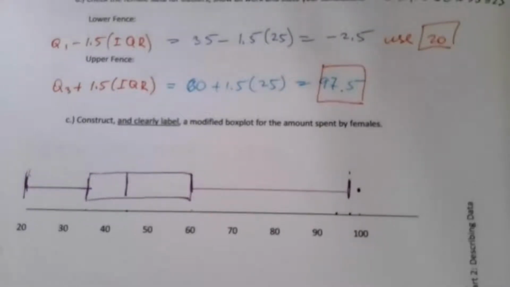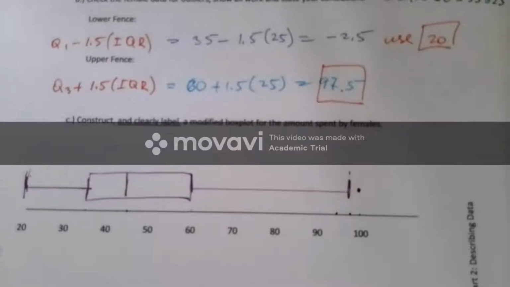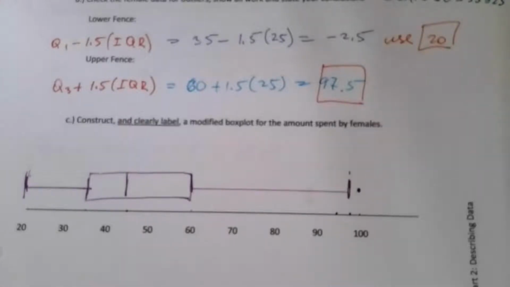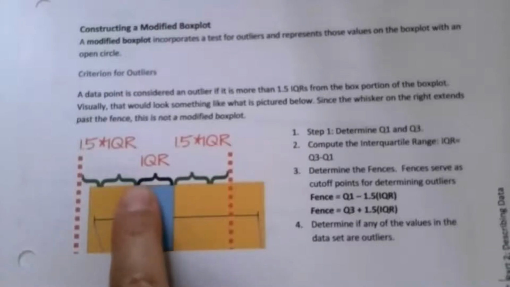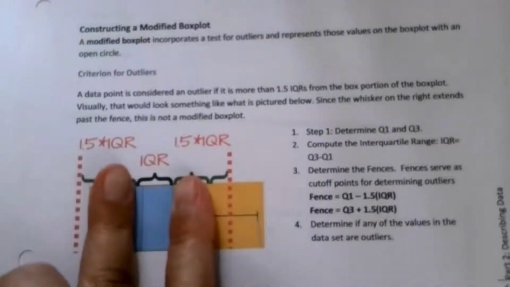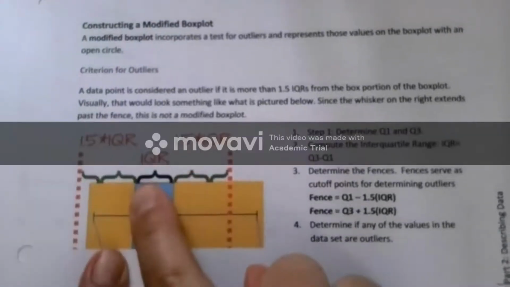Let me see, let me find it. On page 41. See this graph, we have the middle part of your box plot.